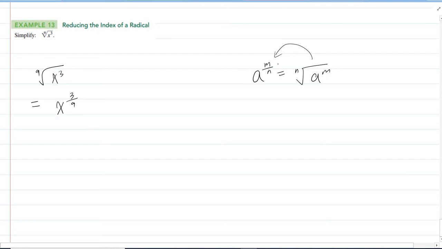The m goes to the top, so that's 3 over 9, which is just 1 over 3. So now we can rewrite it back. We're reducing it. That will be the cubic root of x, because here we have an invisible 1. That is how you reduce the index of a radical.